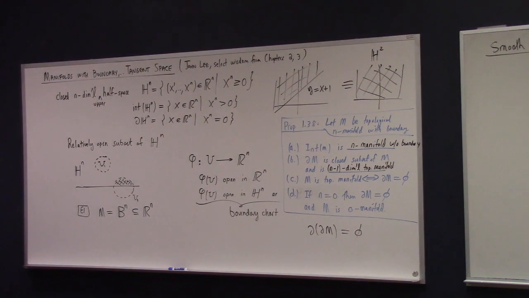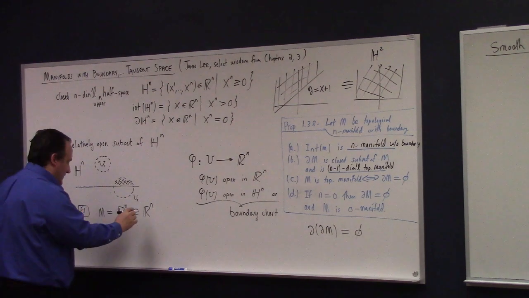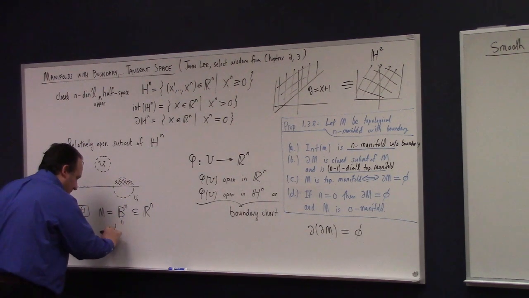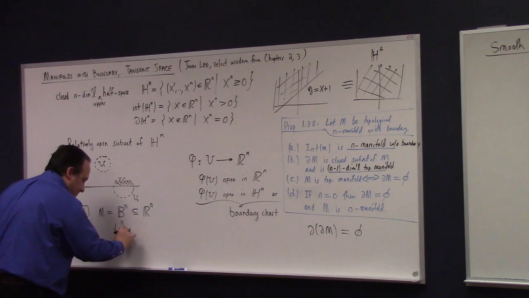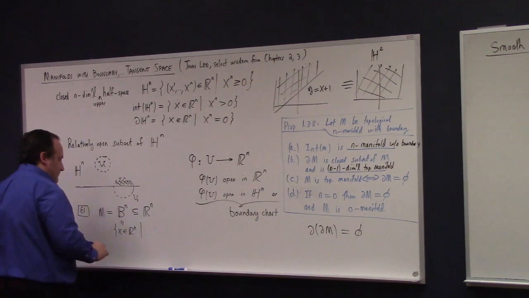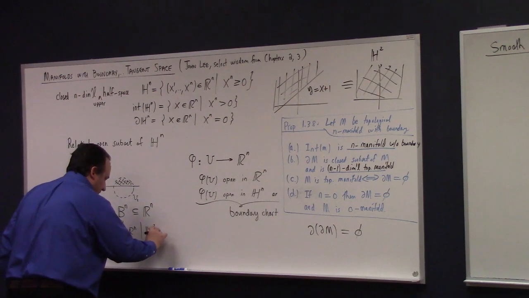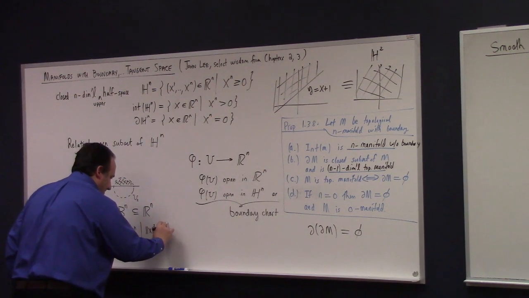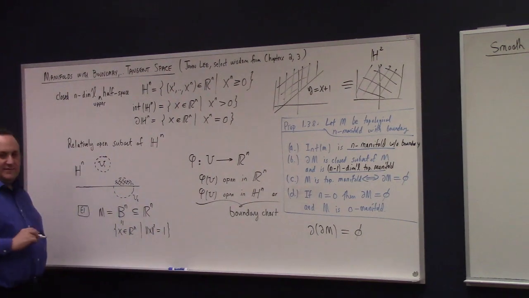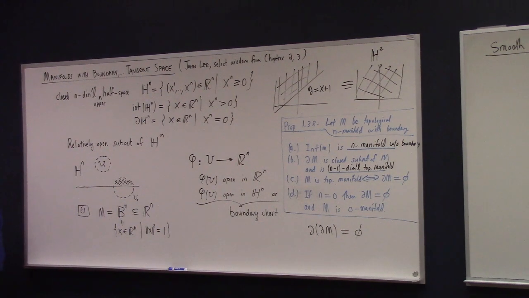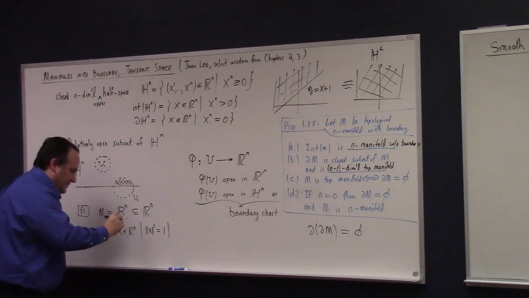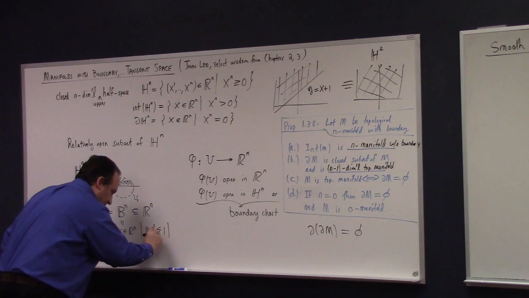This is the closed ball, right? So specifically, this is equal to x in Rn such that the length of x squared is equal to 1, right? That's not true. That would be the n minus 1 sphere. So to make it the ball, I have to do less than or equal to 1.